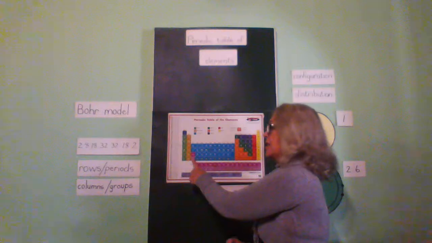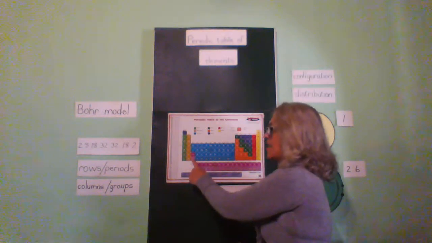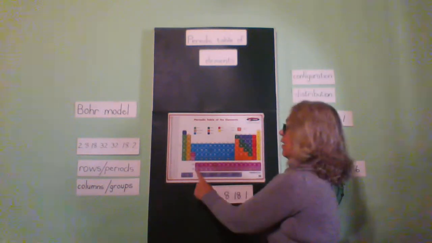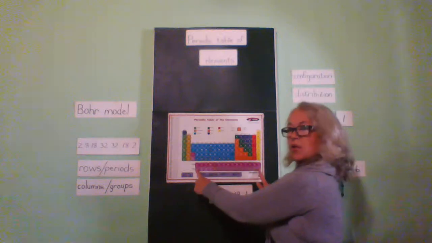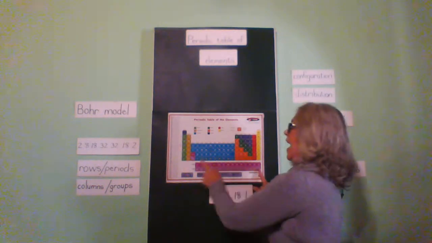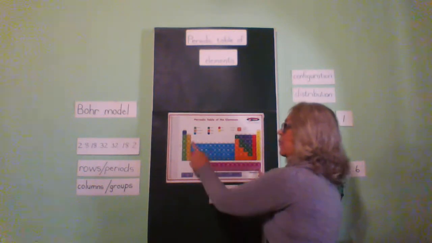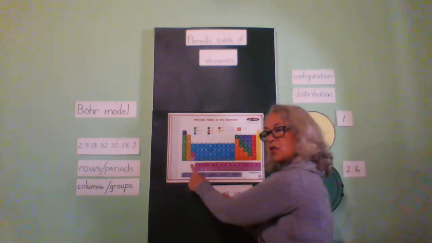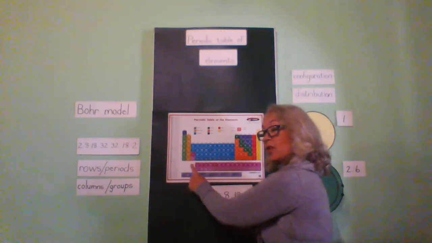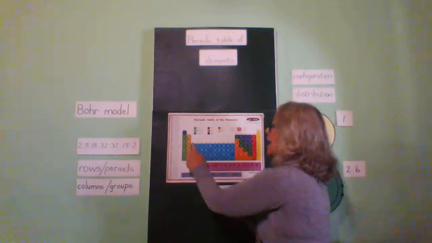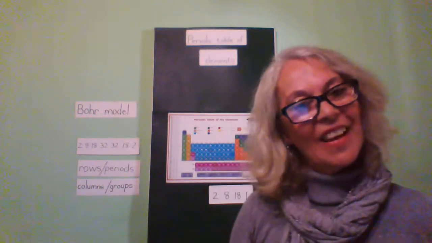On my periodic table, it says number 89 to number 103, which means all of those have 7 energy levels, but they have the same amount of electrons on their outer energy level, on energy level 7, as those in group 3. And that's not that difficult, is it?